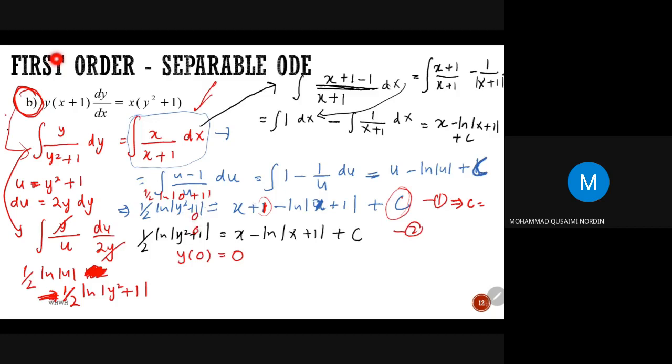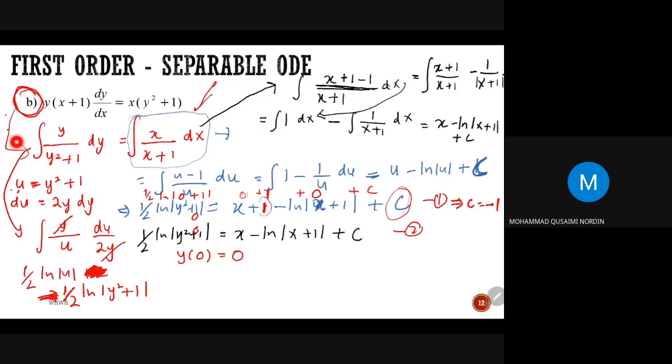On your right hand side, guna equation 1, your C akan dapat berapa kelas? Equation 1: kosong tambah 1, ln 1 kosong. So on your right hand side, C sama dengan berapa? You akan dapat 1, yang ni kosong. 1 tambah C is equals to kosong. So C kat sini you akan dapat sama dengan 1 ke negatif 1? Sama dengan negatif 1.